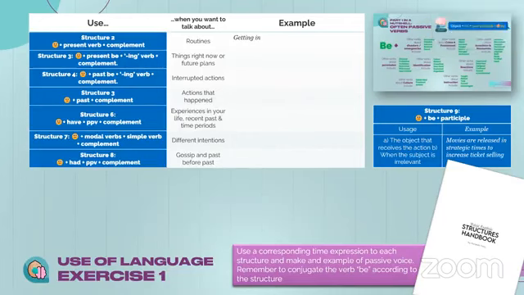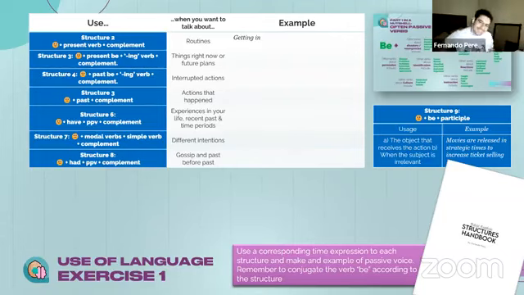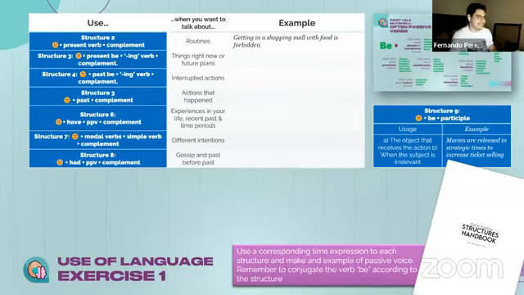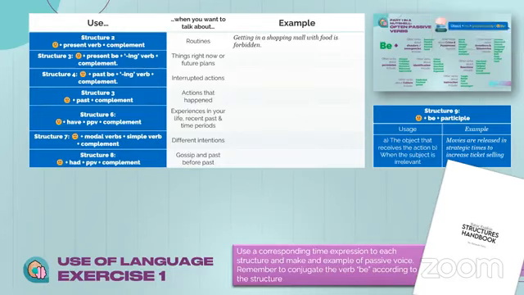I am confusing now. Getting in a shopping mall with food is forbidden. There you have it. That sounds good. But I enter the cinema with my pizza. I don't know you. That's good. Not now.